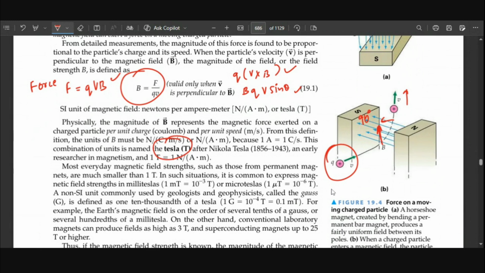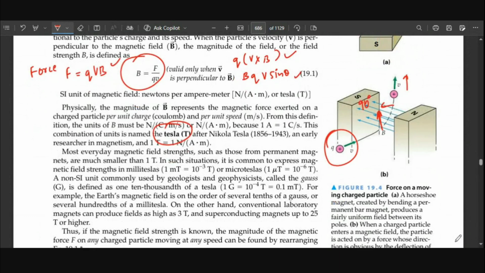It was named after Nikola Tesla because he was the person who actually found out about the magnetic field and saw so many applications. Let me just tell you, Nikola Tesla was the person who wanted to create wireless electricity. This was the motto of Nikola Tesla. You can't imagine how beneficial it would be to us if he had succeeded.